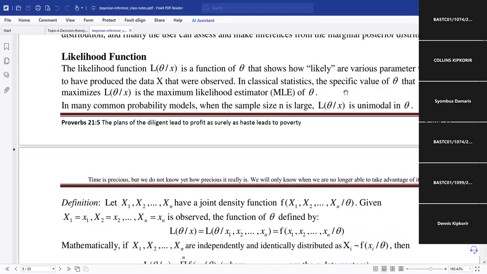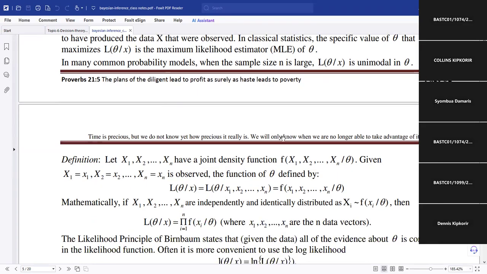In classical statistics, the specific value of theta that maximizes L(theta given X) is the maximum likelihood estimator of theta. In many common probability models, when the sample size n is large, the likelihood function is unimodal in theta, meaning it has one maximum point.